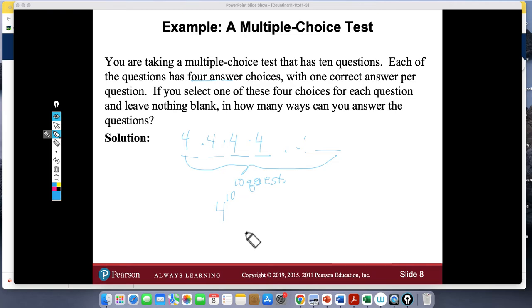And again, another faster way of counting, rather than 4 times 4 times 4 times 4, we just take a calculator, 4 to the 10th power. And that's going to be an even larger number. So what is 4 to the 10th? 4 raised to the 10th power. That's 1,048,576 different ways of answering that same test, right?